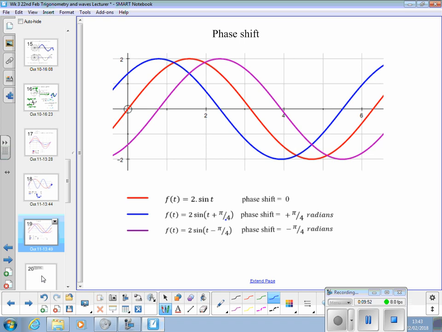And the phase angle between these two is 90 degrees. If we were looking at the difference between those two, one's plus pi over 4, one's minus pi over 4.